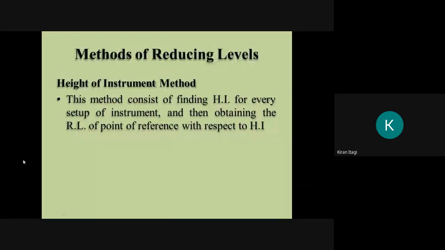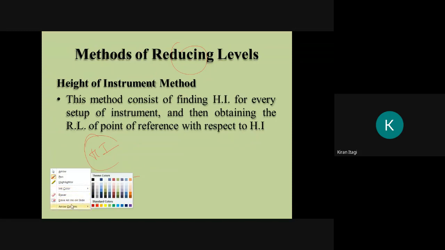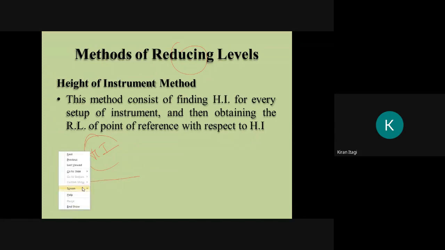So today we will see the numericals regarding levelings by using the HI method, that is, height of the instrument. I will give you a brief idea.